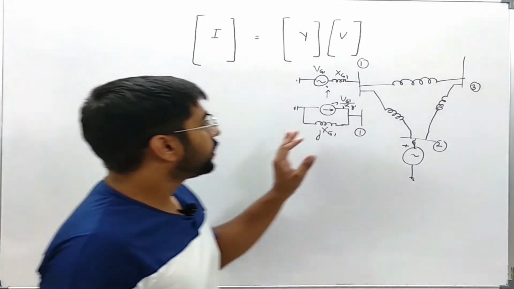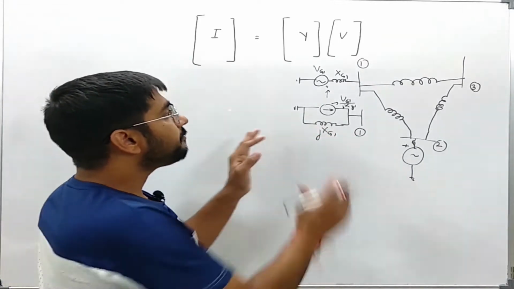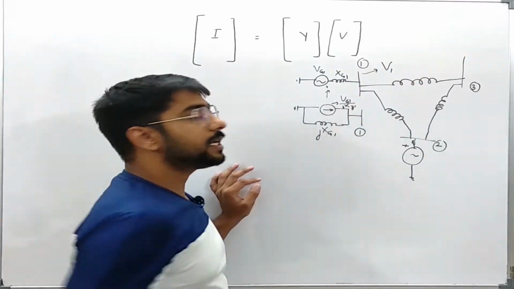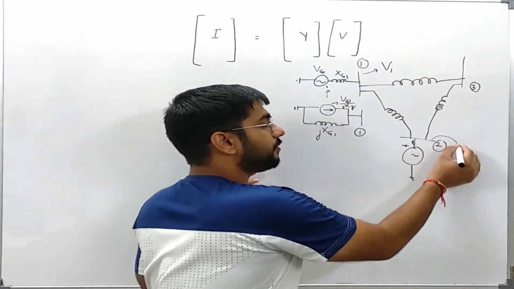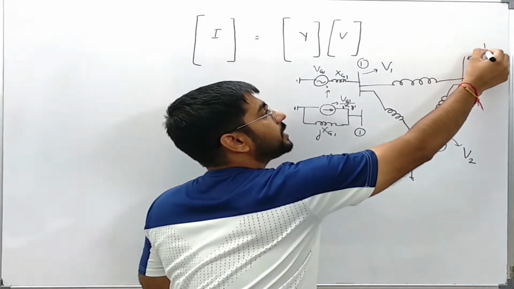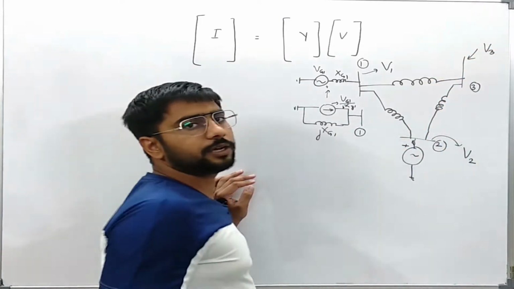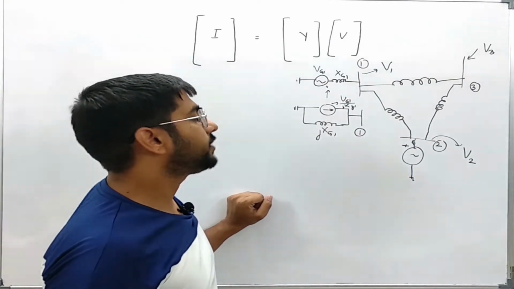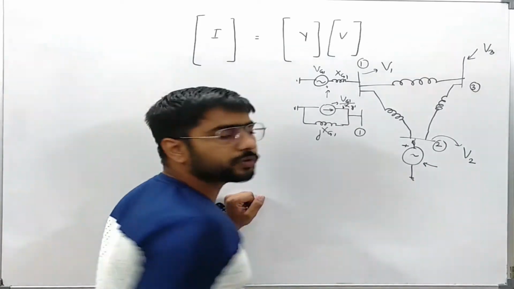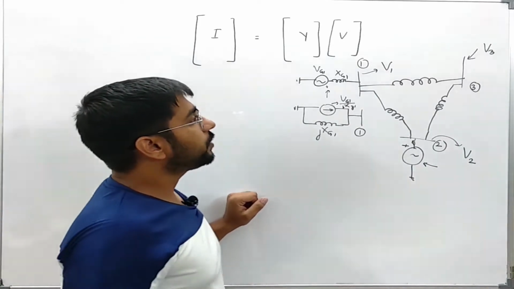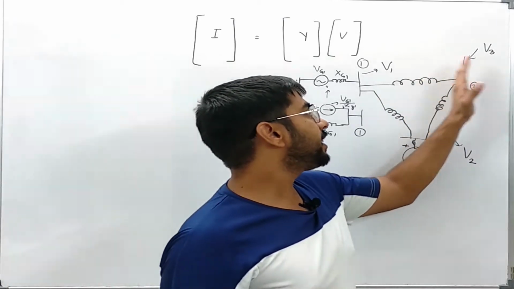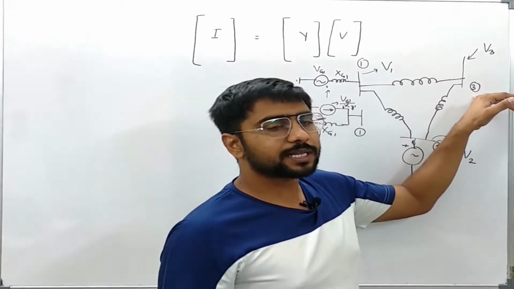So you see that there will be some value of voltage here, which will be the bus voltage for bus 1. This will be some voltage for bus 2, and this will have some voltage, let us say V3, the bus voltage at bus 3. Now this source can also be converted into an equivalent current source. So the only bus remaining where there is no current source entering into it is bus number 3.